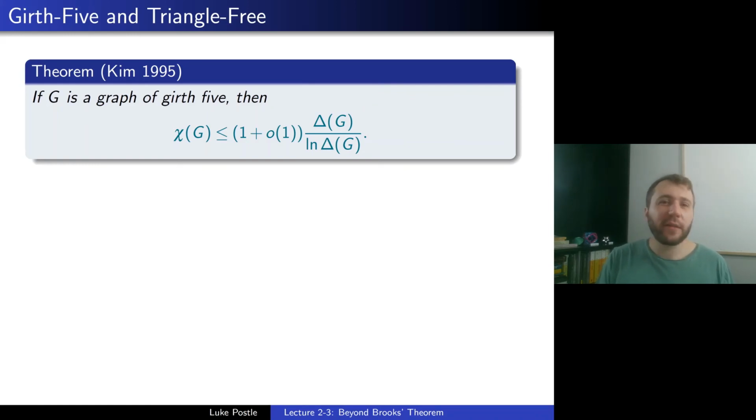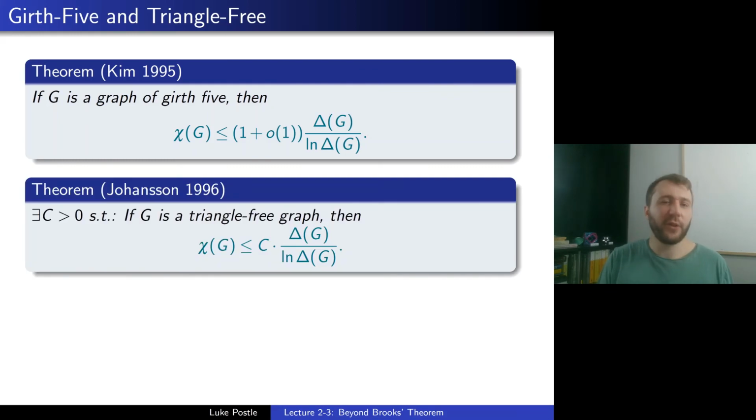What else was known? What if you want to go to triangle-free, so allow 4-cycles? Well, Johansson, also in the 90s, had shown that there exists some constant c greater than 0, and his was maybe 9, though Molloy and Reed give a proof with 100 or something, such that if G is a triangle-free graph, then chi is at most c times delta over log delta. So you can't get that very nice 1 there, but there's some constant which works.